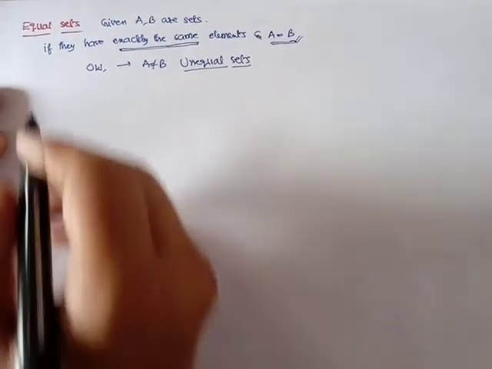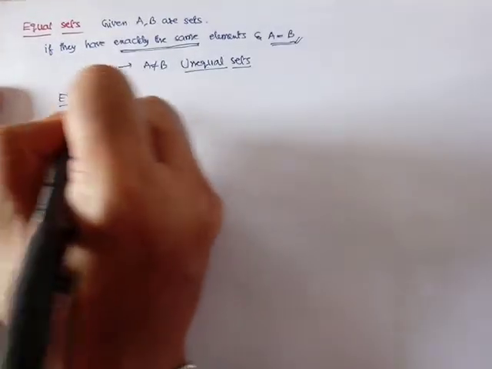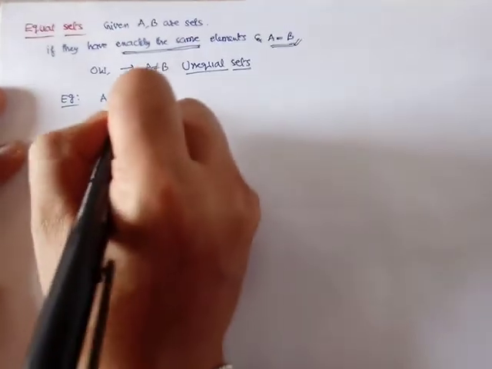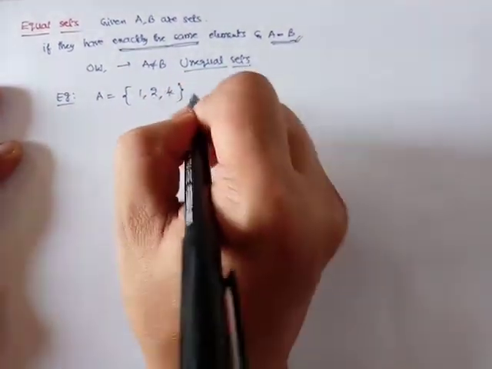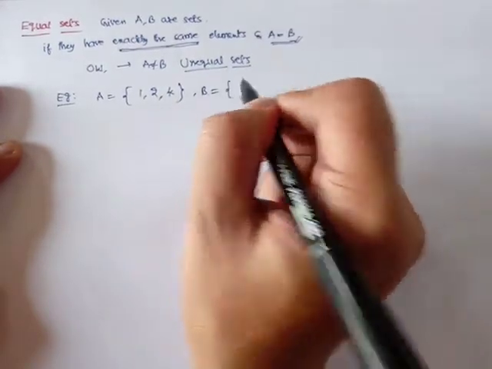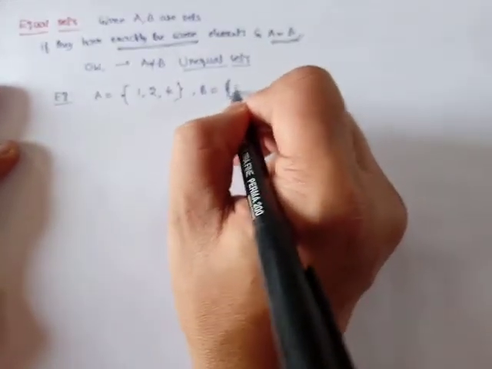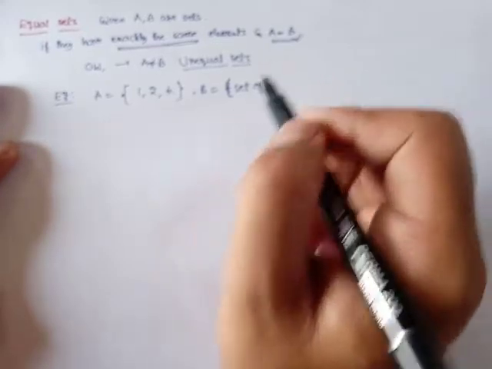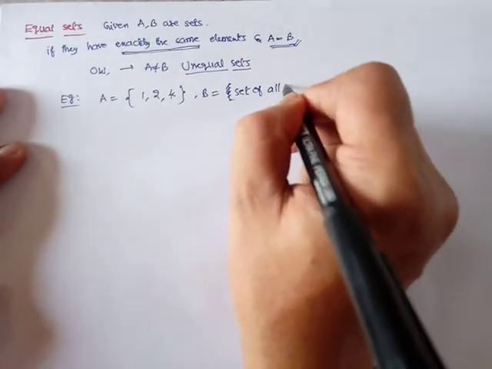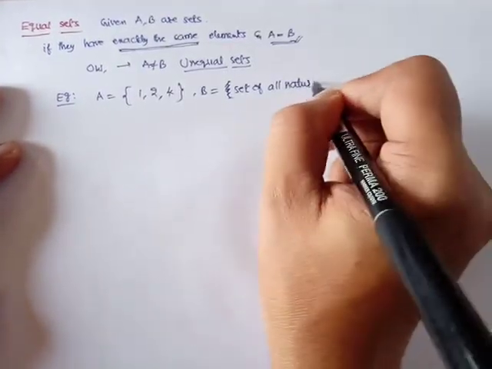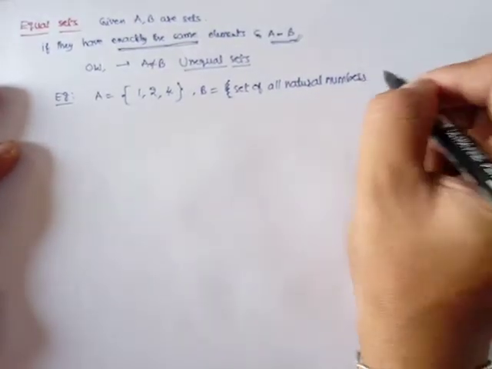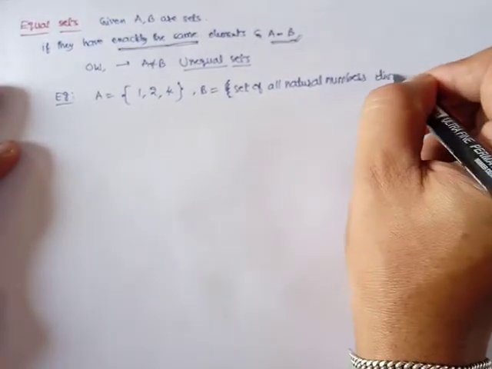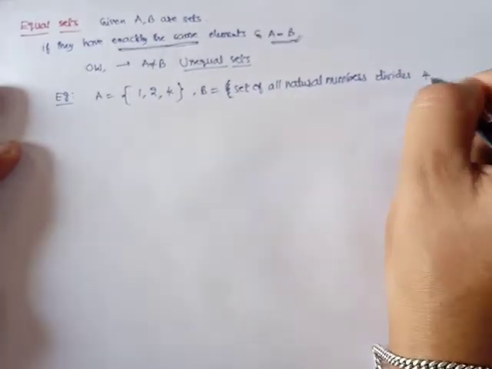Considering the example, I am taking set A is equal to 1 to 4, and B is the set of all natural numbers that divide 4.